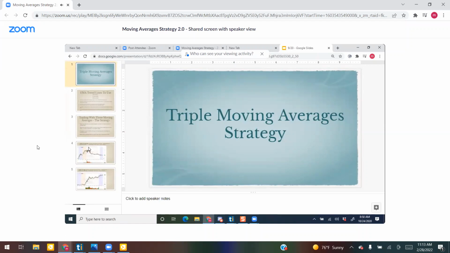Or are you just plucking them out of the air, or because your favorite Twitter trader, who you have no idea if they're profitable or not, is using them? If your moving averages backtest well, it doesn't matter what moving averages you use. You'll see which moving averages I use, and that could change based on backtesting. But in the market conditions we're in right now, these seem to fit my trading style.